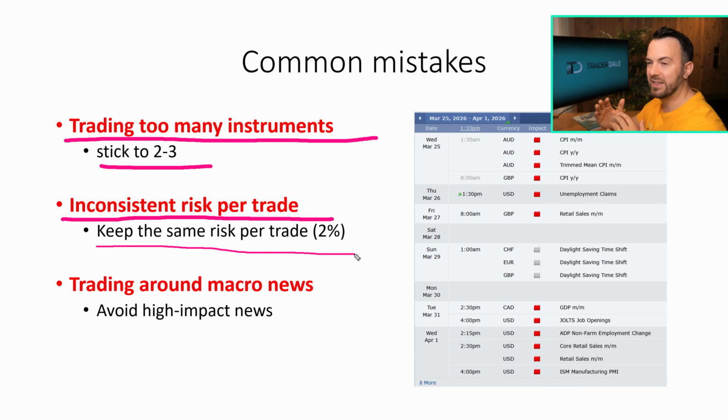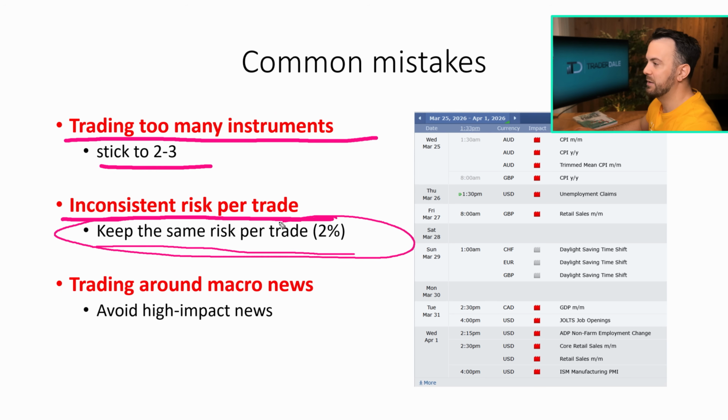And by doing that, they totally mess up their risk management and their equity just suffers, okay? So keep the same risk per every trade, because in reality, the trade that you initially believed in very often turns out to be a loser, and the trade that you didn't believe too much in ends up being a perfect winner. So that's why you want to stick to the same risk per trade.